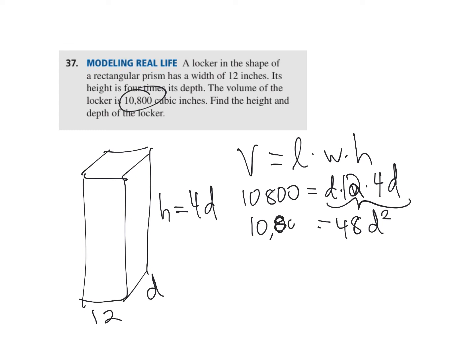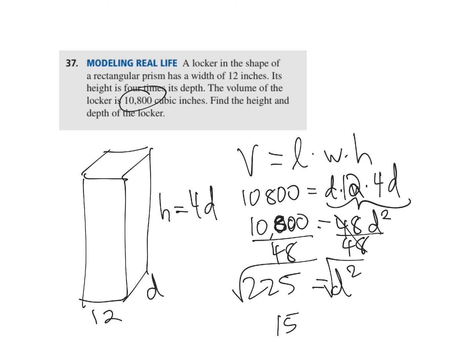So we divide by 48. So take your calculator and take 10,800 divided by 48. And d squared is equal to 225. And you take the square root at that time, and that's 15. So your depth is 15.